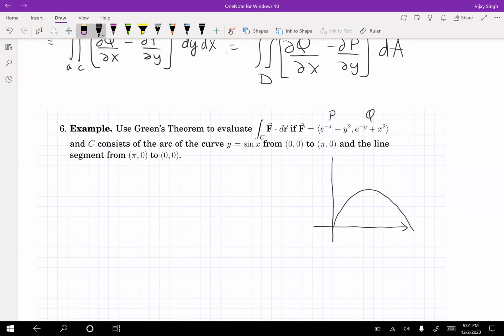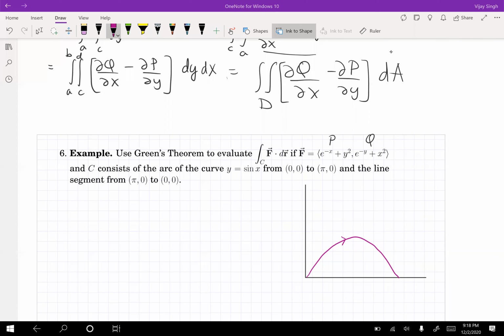So let's extend this. So we have sine from 0 to pi, 0, and then the line segment joining this. So we want to evaluate this line integral.